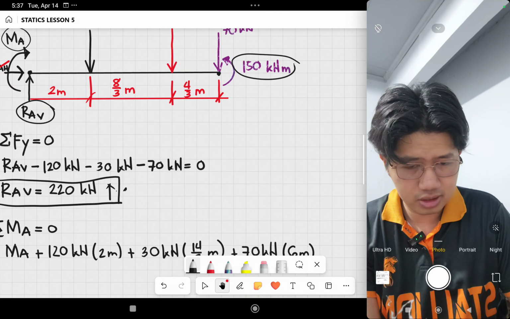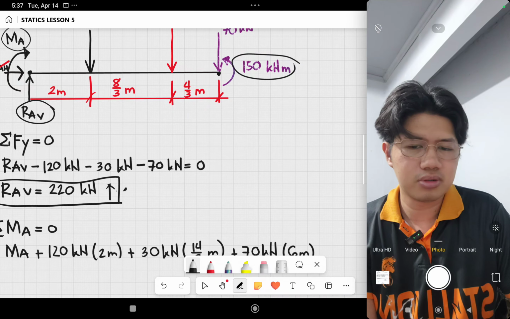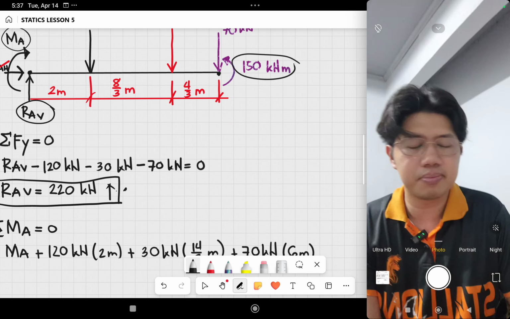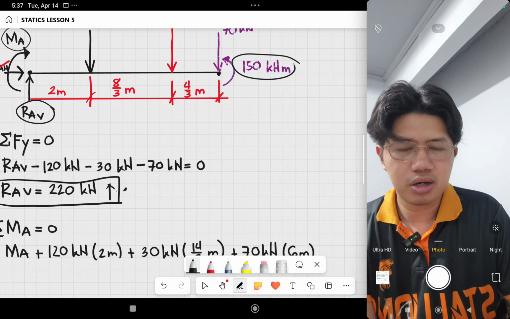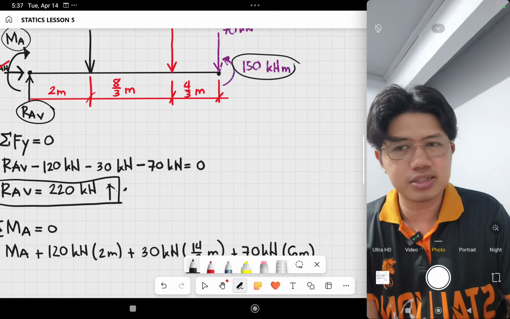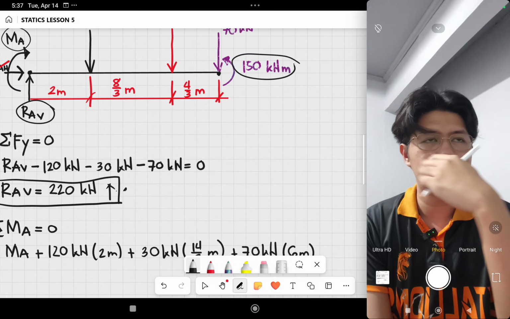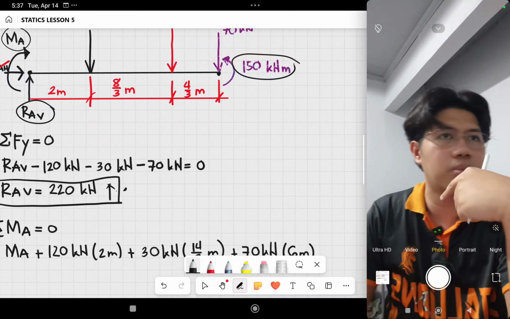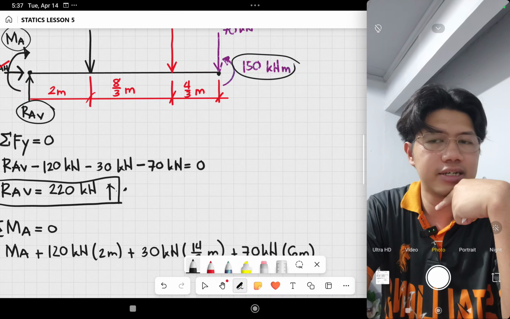Ano man yung moment center na piliin mo, yung couple na yon, you don't need to find its distance papunta doon sa moment center. Basta alam mo yung distance apart ng couple na yon, yun na yung laging distance niya.